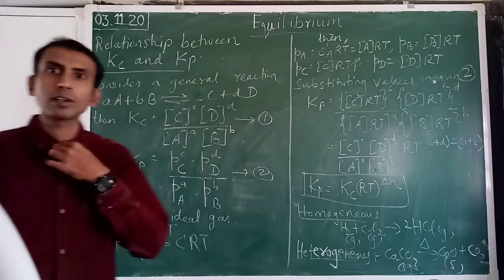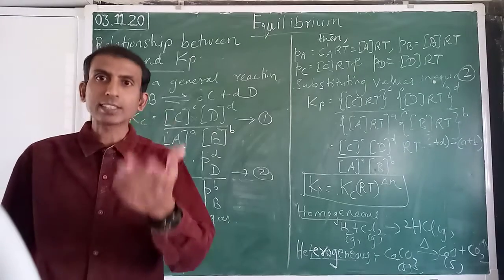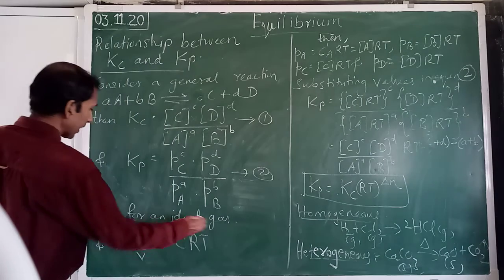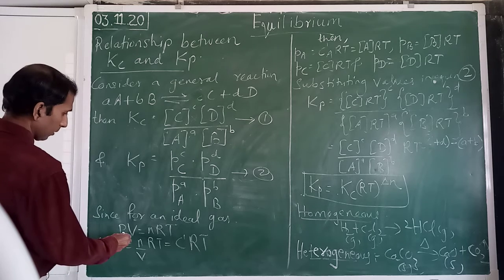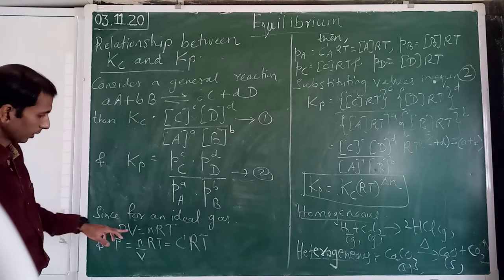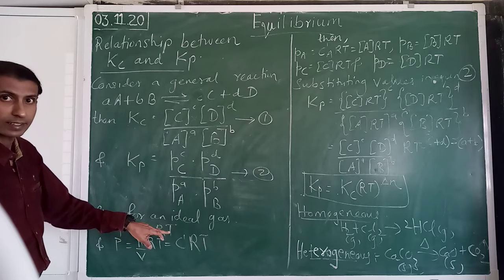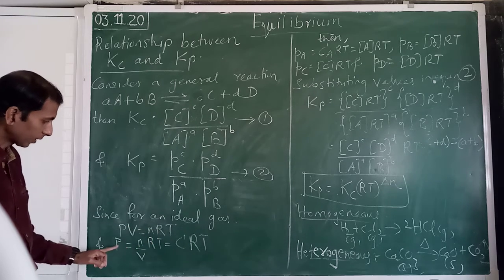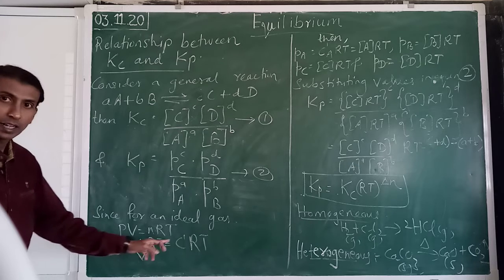Now we also know the ideal gas equation. For an ideal gas, PV is equal to nRT. You know this, PV is equal to nRT. Rearranging this equation, we get P is equal to n upon V RT.